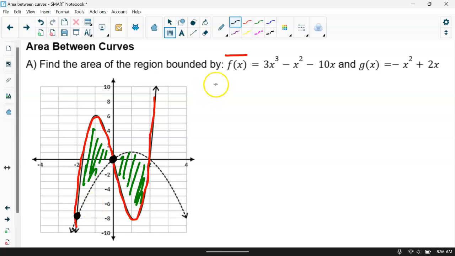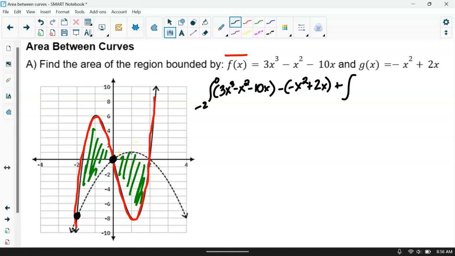That's the first section, right? So from -2 to 0, our f of x, which is 3x cubed minus x squared minus 10x, and we subtract from that our g of x, which is -x squared plus 2x. But again, that's just the first section. Then we're going to add to that our other integral, our other section, because notice how it switches.